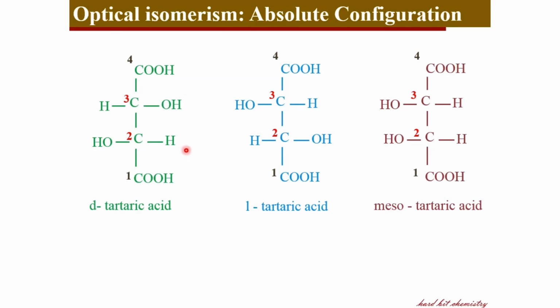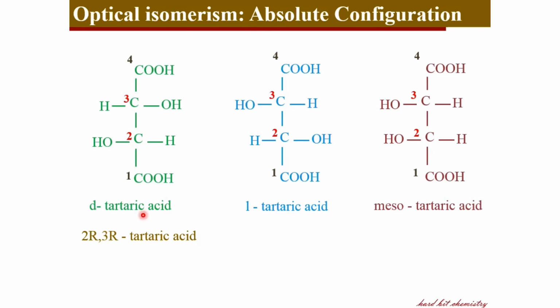So you can prioritize among these four substituents, and by following the steps as described previously, you can see that the second carbon here, this chiral center, is having R configuration, and in the same way you will get that the third carbon is also possessing R configuration.